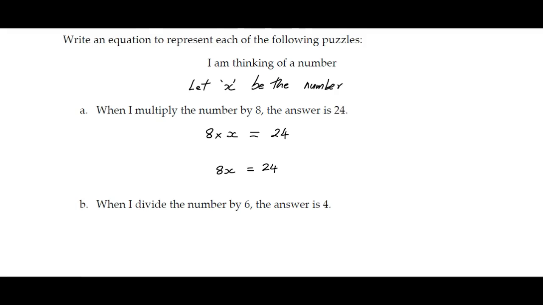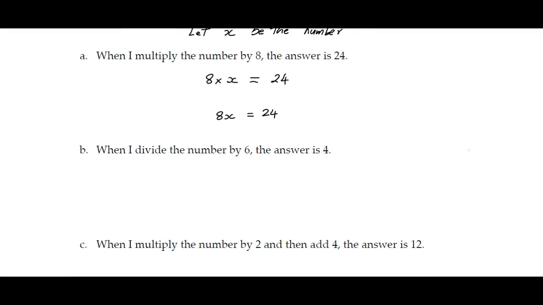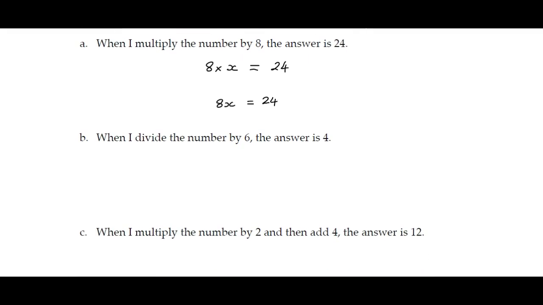Now let's go to the second part of the question. When I divide the number by 6, the answer is 4. So the number we're thinking of is x. Let's start with x. We're dividing it by 6. Now let's think about this carefully.